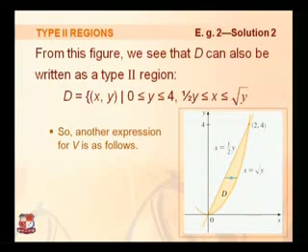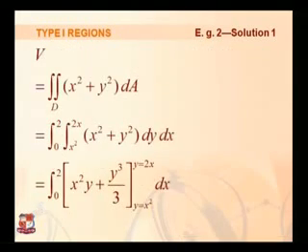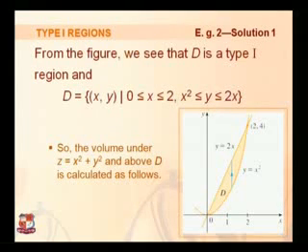Okay, this is the expression. Also, in this previous example, first we fixed the limit of x, that is 0 to 2, and the limit of y is x squared to 2x.